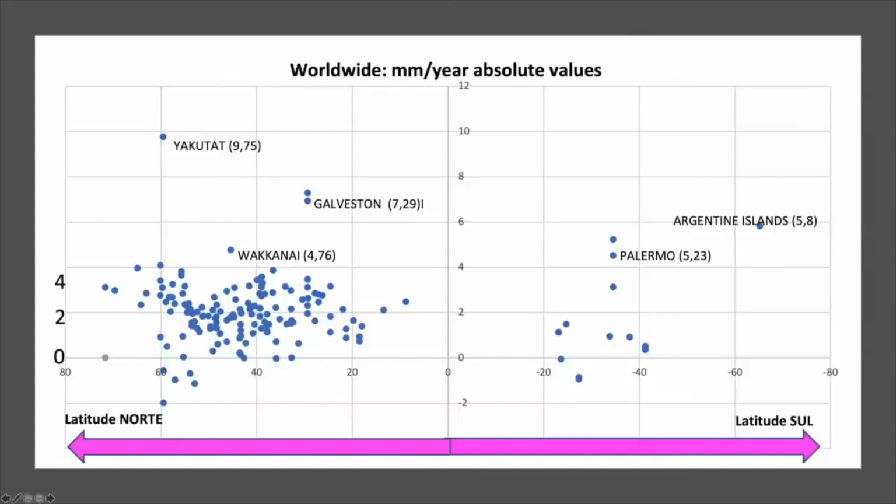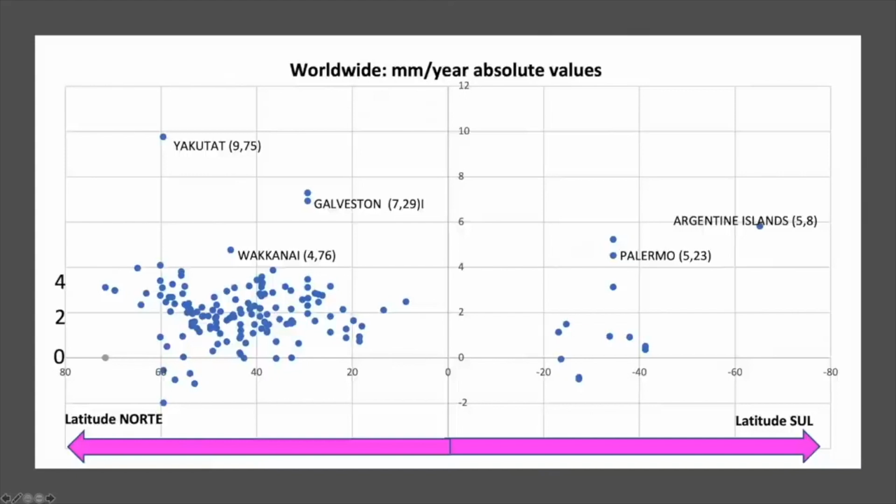And what you can see is that absolute sea level rise is comprised between minus 2 millimeters and 4 millimeters. The other places shown here are outliers, and the outliers, of course, can be seen in a moment.